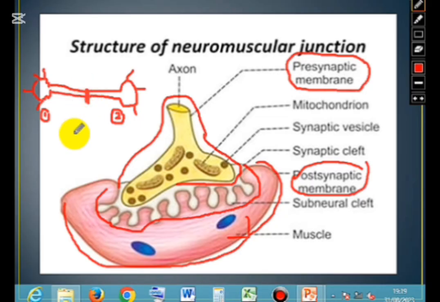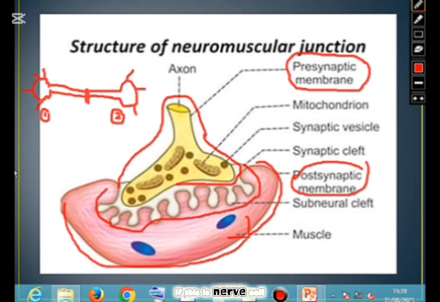A synapse is the union between two nerve cells. This type of synapse is known as the neuronal synapse.